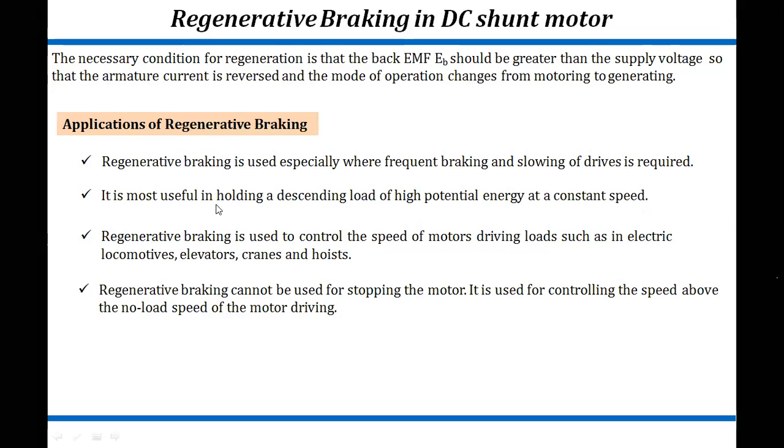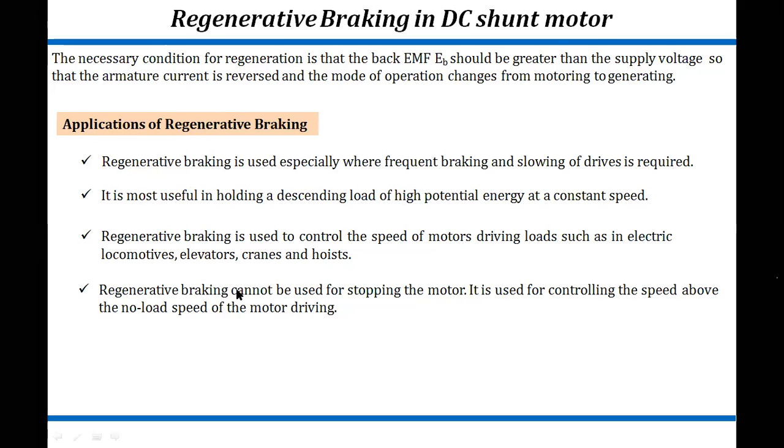It is most useful in holding a descending load of high potential energy at a constant speed. So regenerative braking is used to control the speed of DC motors driving loads such as electrical locomotives, elevators, cranes and hoists.